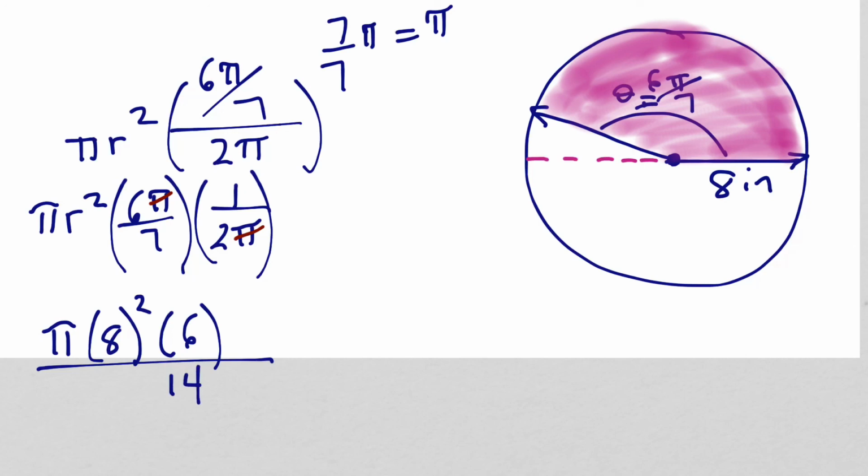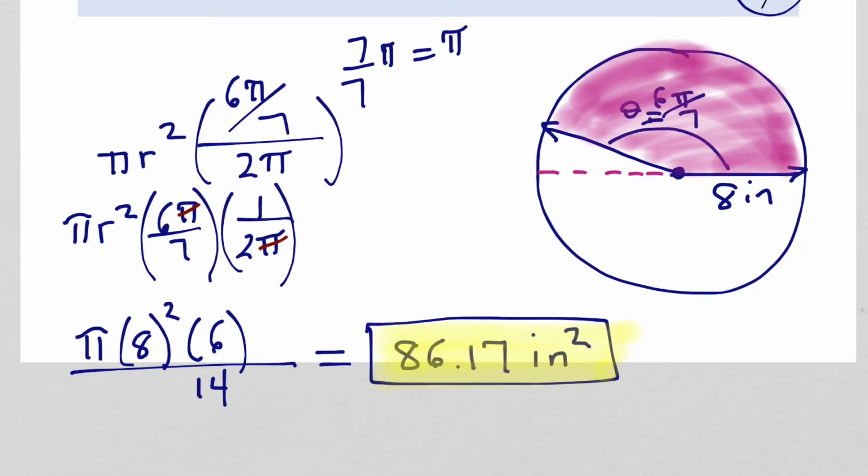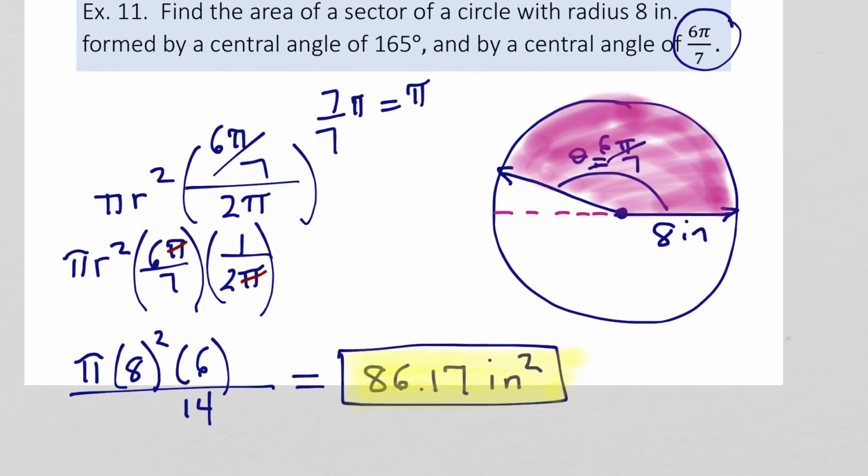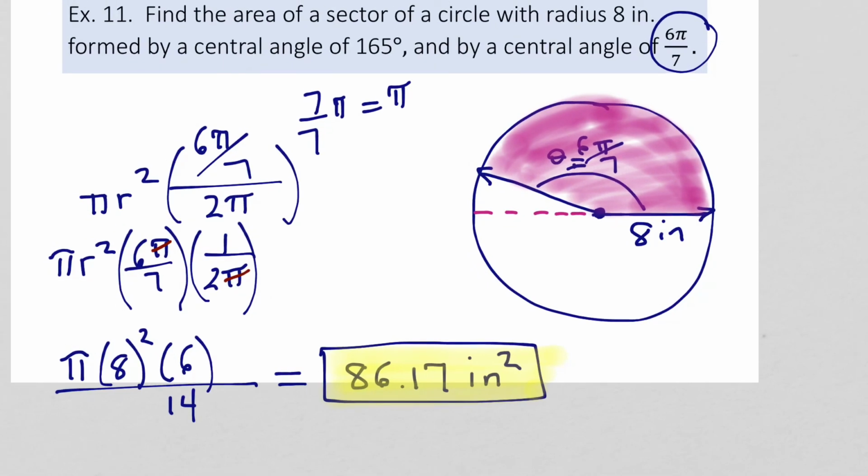All right, so you can go ahead and plug that into the calculator. So I get 86.17 inches squared. So that's the area of the pink portion of my circle. So we've answered the question, either in degrees or radians, how to find the area of a sector of a circle of radius r.